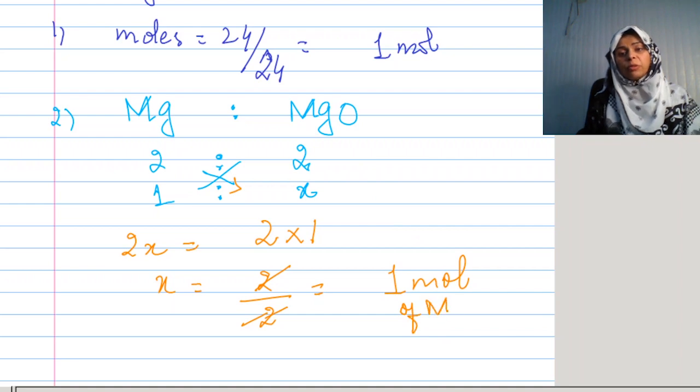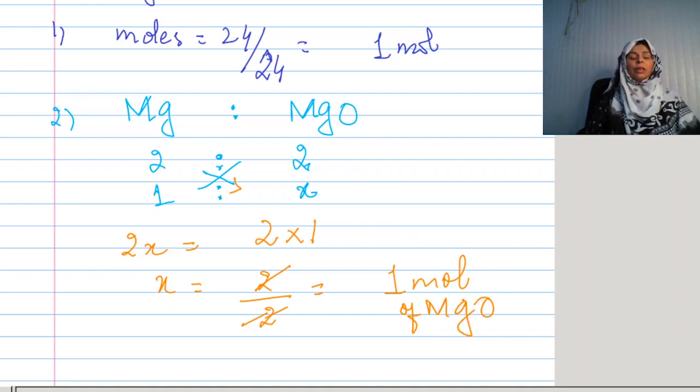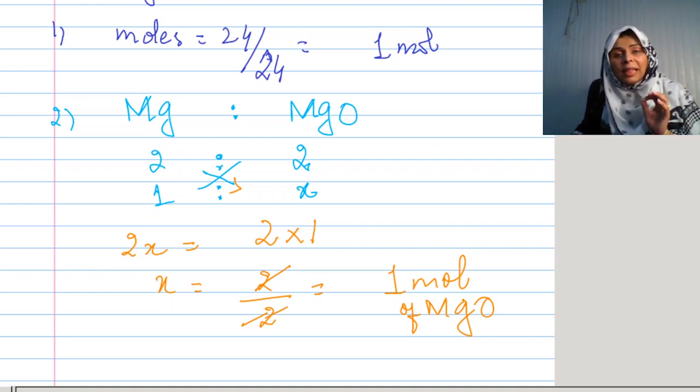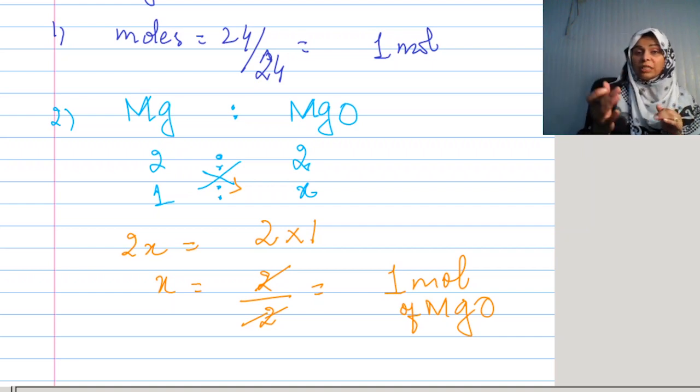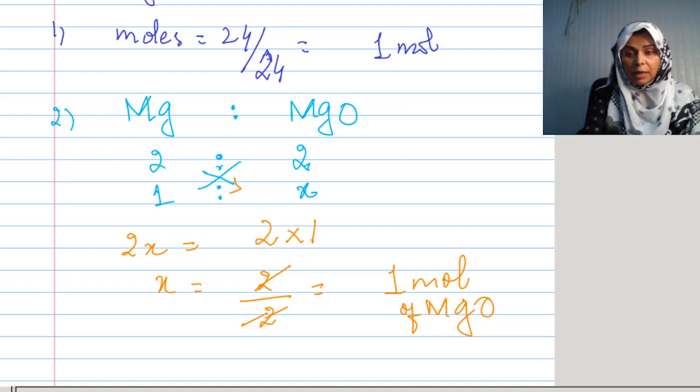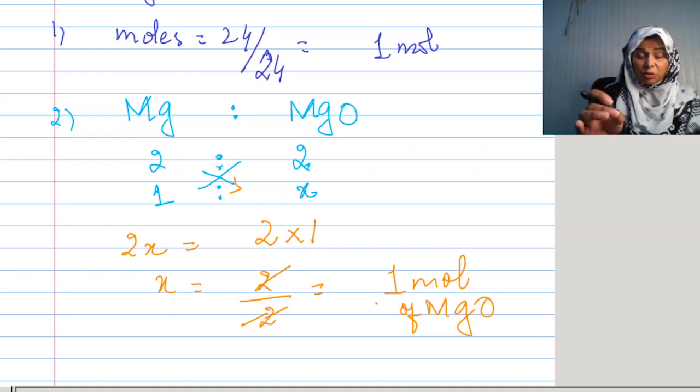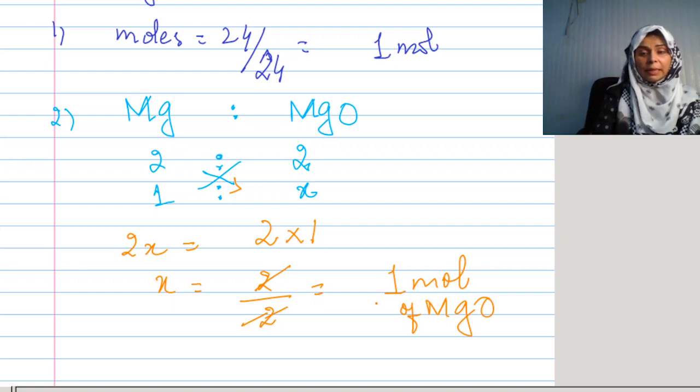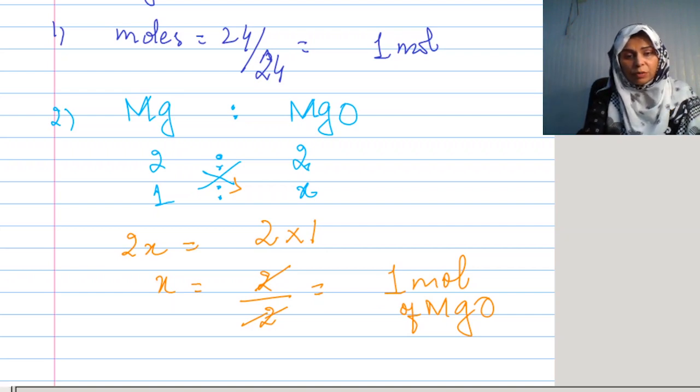So we have to calculate the mass of it. We are not going to go anywhere else. We just use the formula which we have used before for solving the question. So what was the formula? Yes, I know, you know, good.